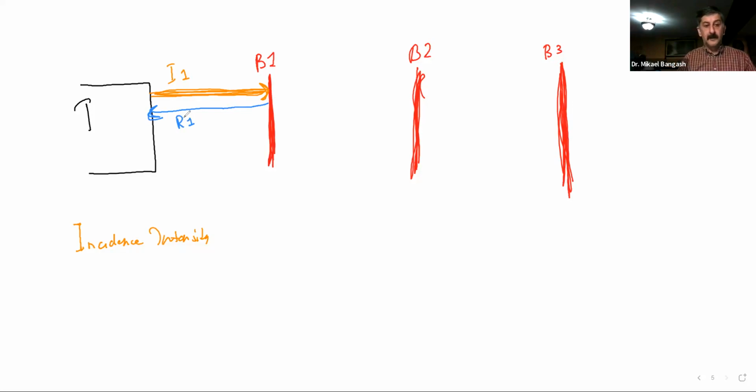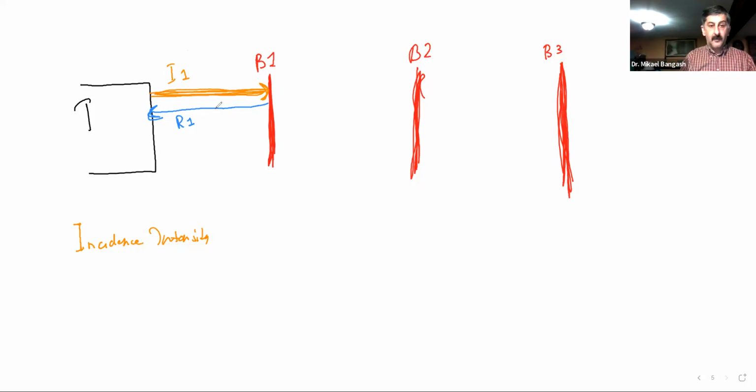Just as the intensity of the incidence depended upon the energy of the sound wave produced by the transducer, a greater or lesser amount of that was going to get reflected back.